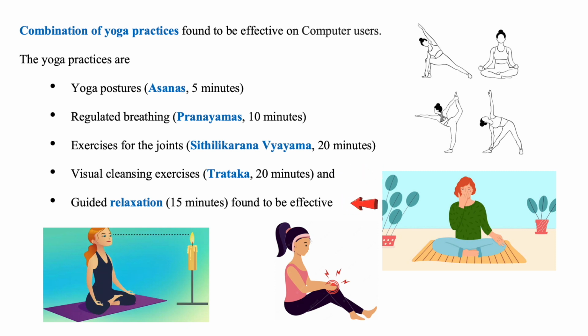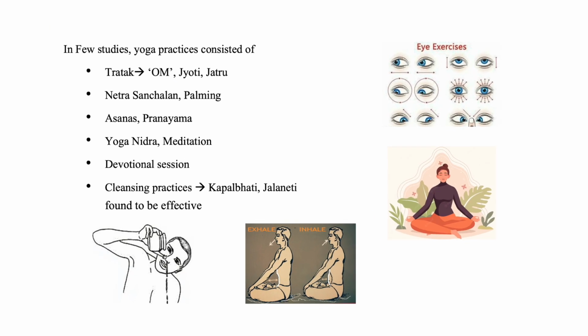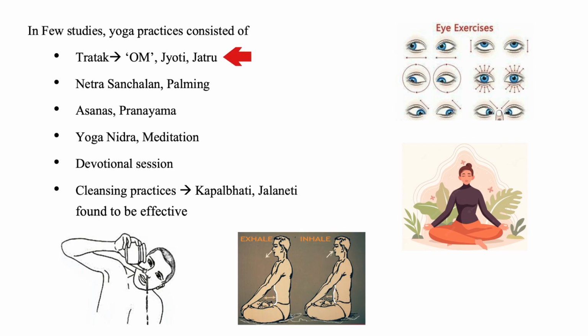In a few studies, yoga practices consisted of Om Trataka, Jyoti Trataka, Jatru Trataka, Netra Sanchalana, palming, asanas, pranayama, yoga nidra, meditation, devotional sessions, and cleansing practices like Kapalabhati and Jalaneti.